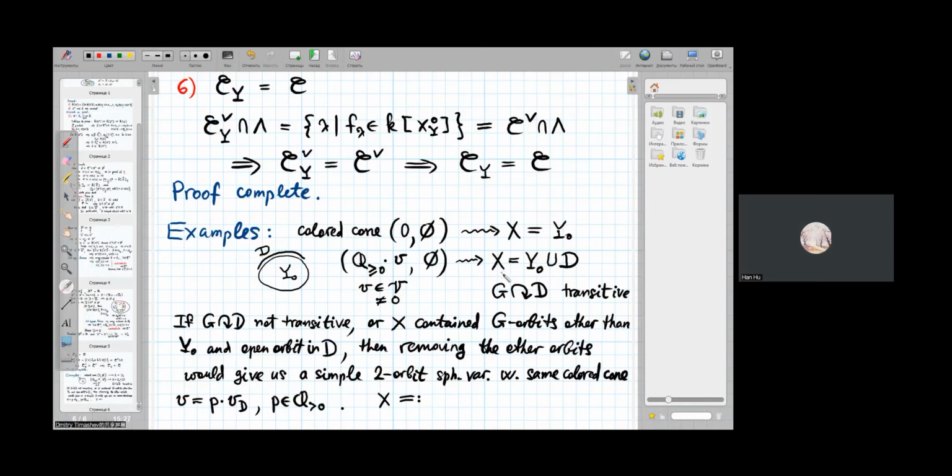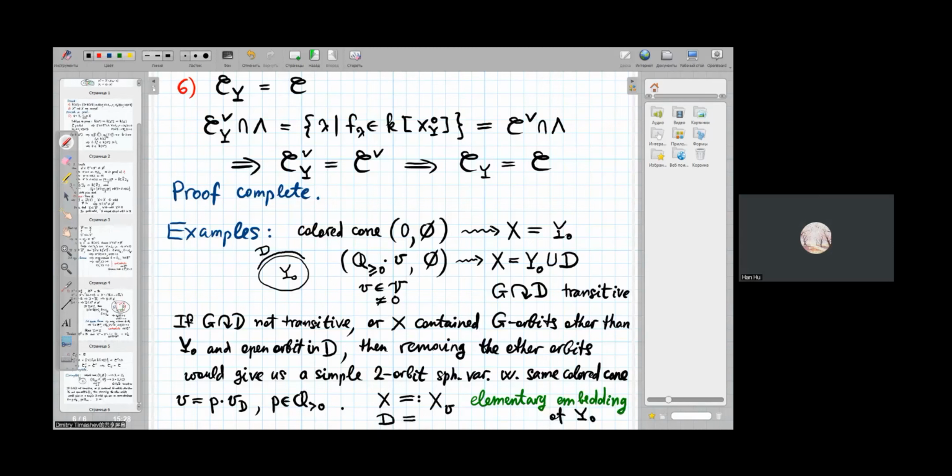So this X corresponding to a single vector in the valuation column, this X consisting of two orbits, the open one and the orbit of codimension 1 corresponding to a divisor in X. I will denote this X by X sub V, and I will call it the elementary embedding of the spherical homogeneous space Y naught, and also the divisor D, which corresponds to the second orbit, the codimension 1 orbit in this elementary embedding.